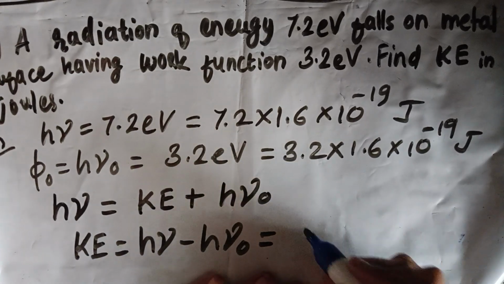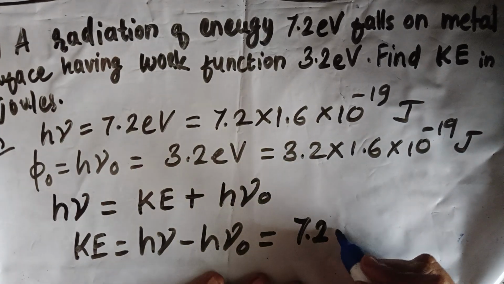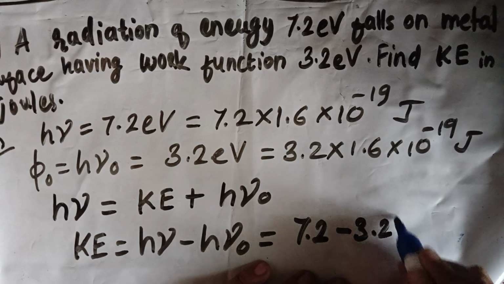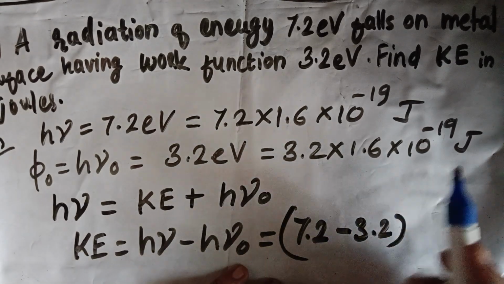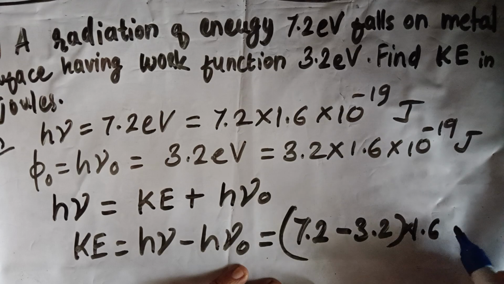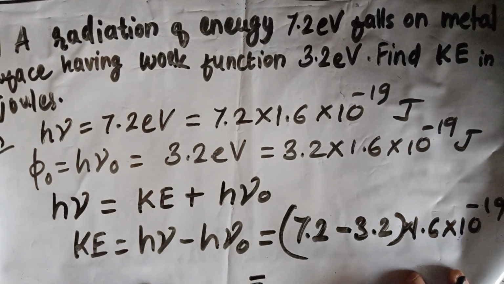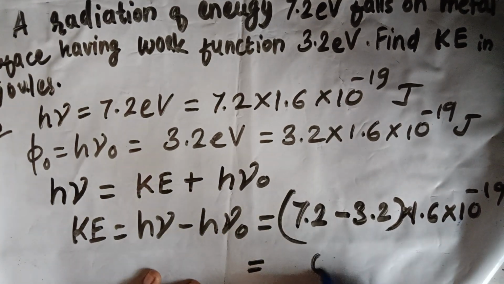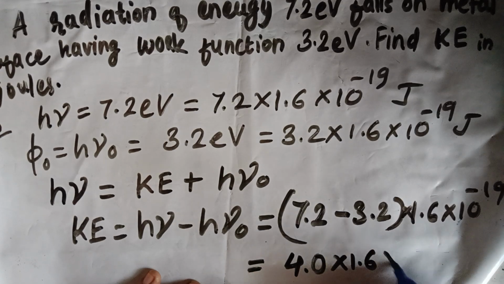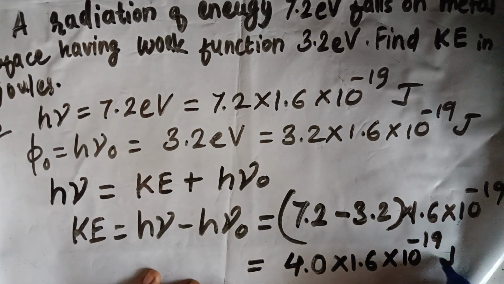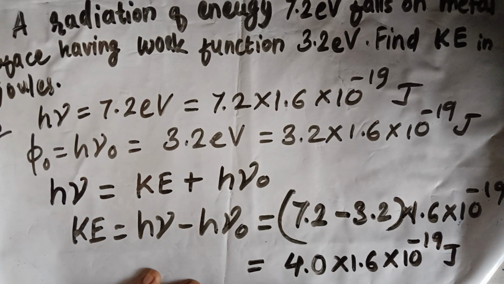So we have 7.2 minus 3.2, and I'll take this 1.6 common. So we'll get 4 into 1.6 into 10 raised to minus 19 joules. So 4 into 16 is 64. This will be 6.4 into 10 raised to minus 19 joules.